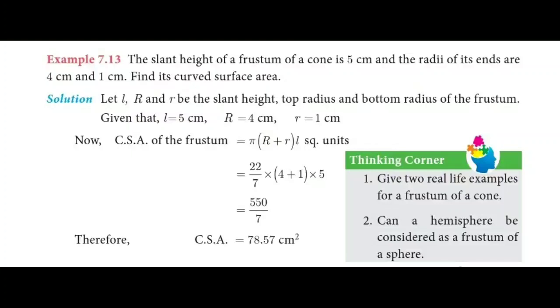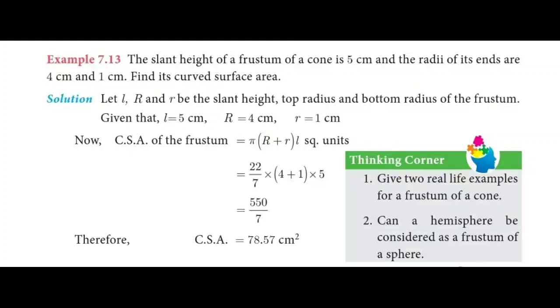Given that L is equal to 5 cm, the radii of the two circular ends are 4 cm and 1 cm. So the greater radius is the top radius, then capital R is equal to 4 cm, and small r is equal to 1 cm.